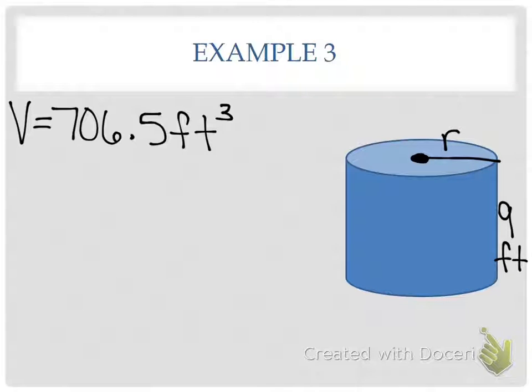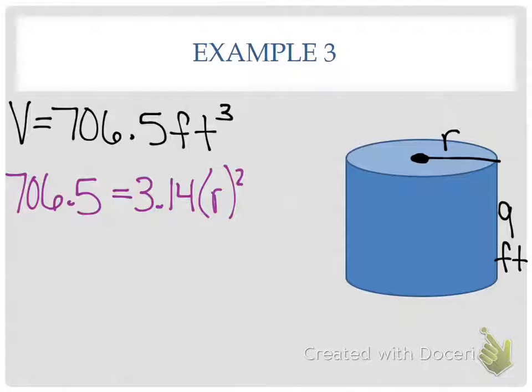So now, clearly, what am I solving for? I'm solving for r. So I'm going to make my substitutions. 706.5 goes in for V, equals 3.14 times r squared, because I don't know it, times my height of 9.